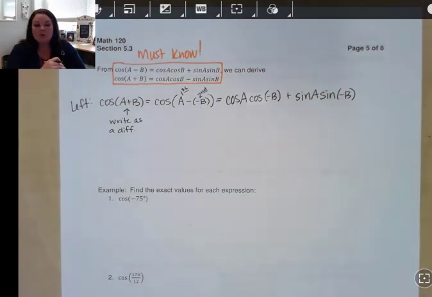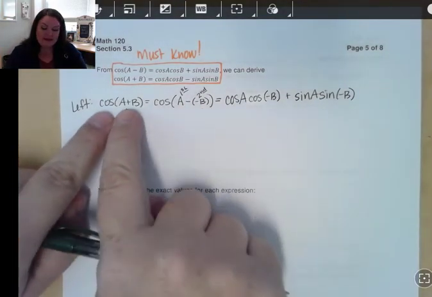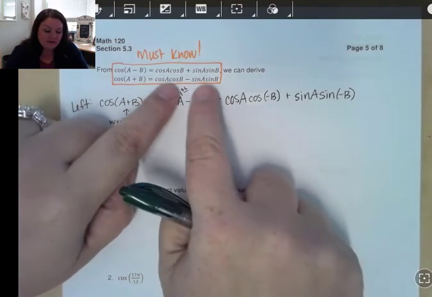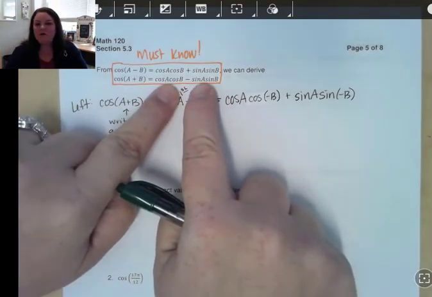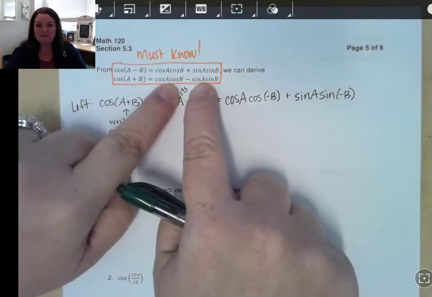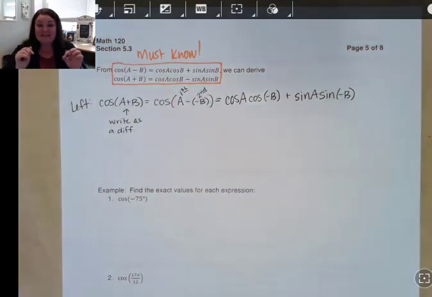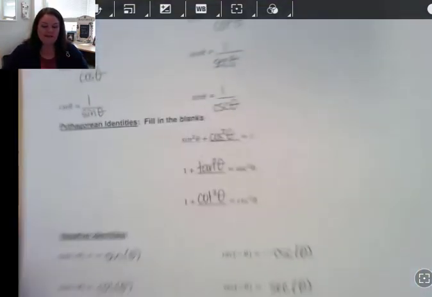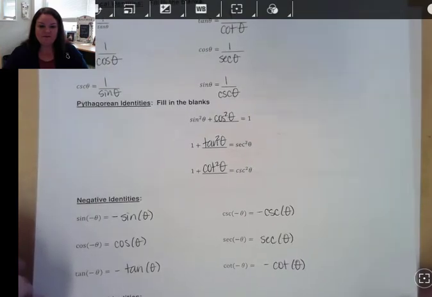Now, we're trying to prove that this cosine of A plus B is going to end up with that. Notice that we're ending up with only positive A's and B's, not negatives. So I'm going to go back to those negative identities that we did at the very beginning of the section. All these identities we have to remember.